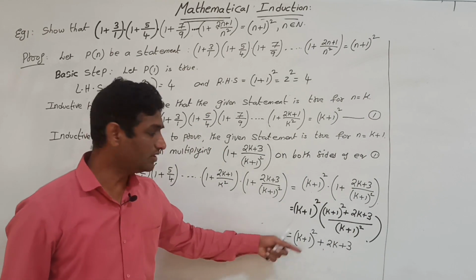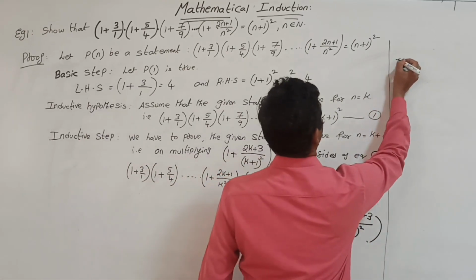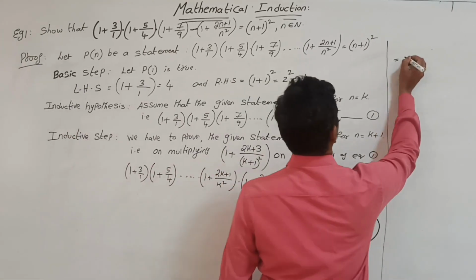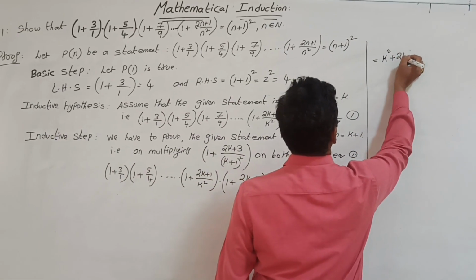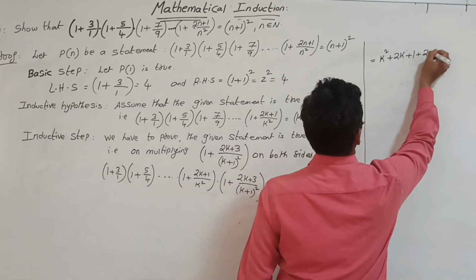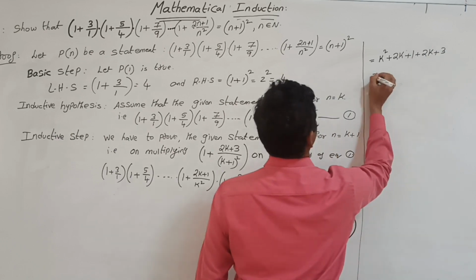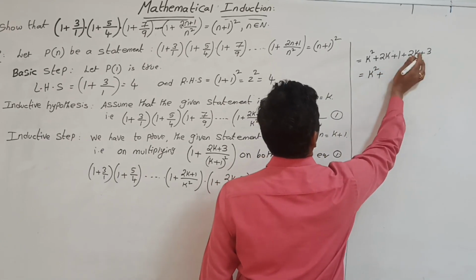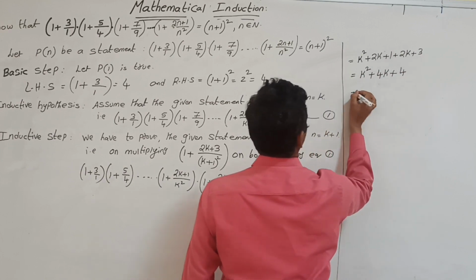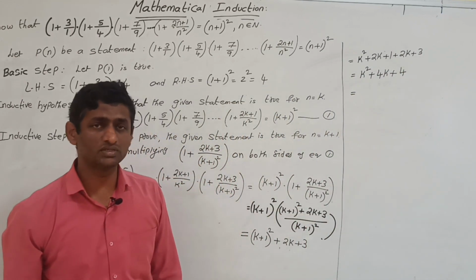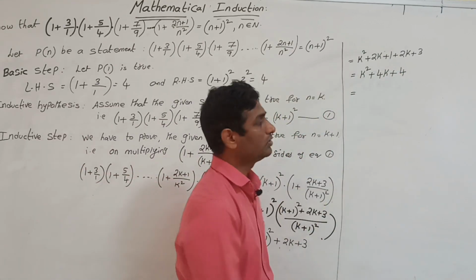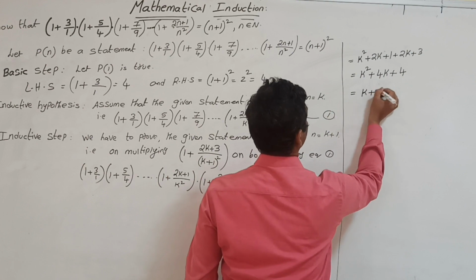If you simplify, now we can expand k plus 1 whole square. That is k square plus 2k plus 1 plus 2k plus 3. So which is k square plus 2k plus 2k, 4k, plus 1 plus 3, 4, which is again a quadratic expression. We can factorize, as the product is 4 and the sum should be 4, so it will be k plus 2 whole square.